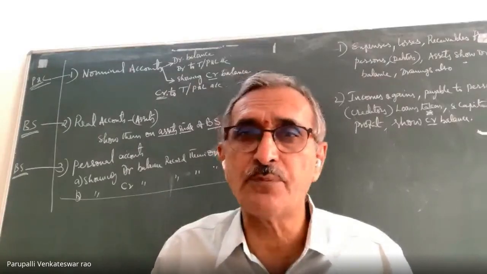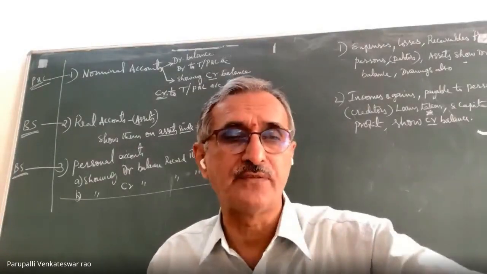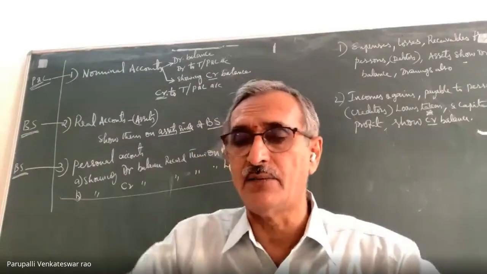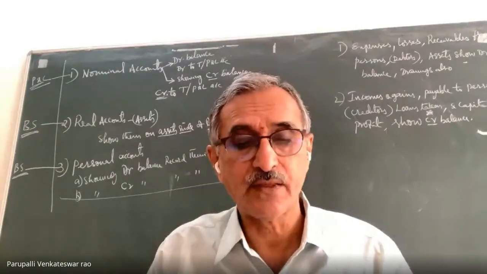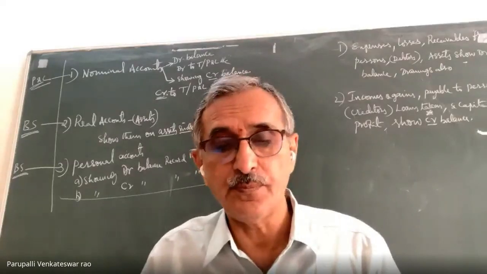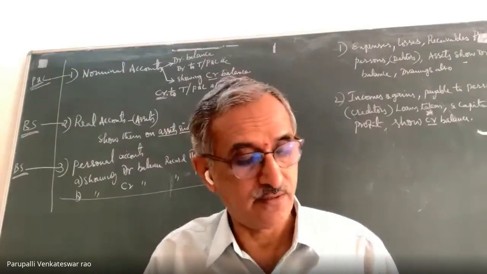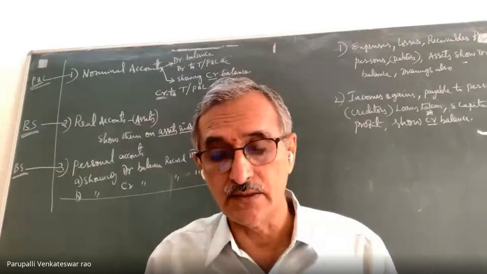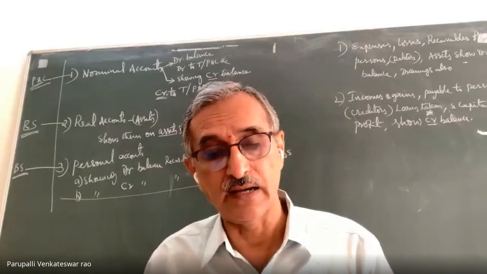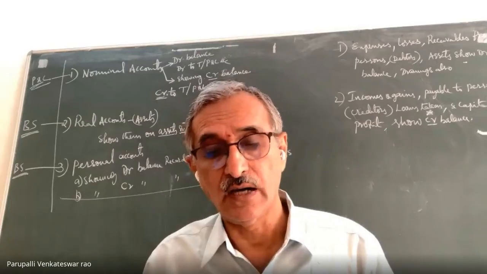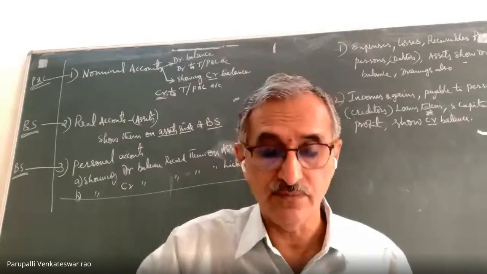When it comes to the pro forma trading profit and loss account, I am not writing on the board, but I will explain to you. You go to fifth unit, page number is given, already the book is with you. I don't want to waste time.